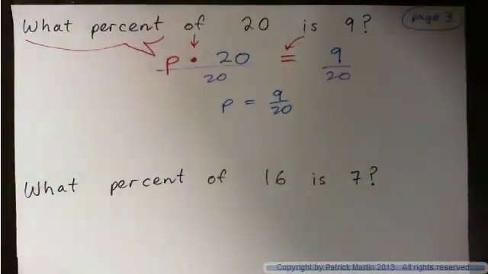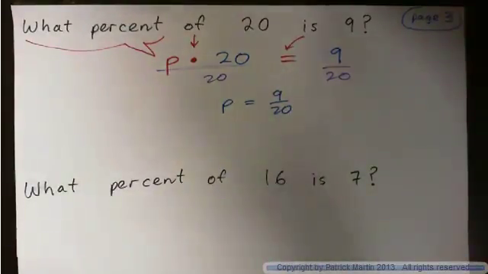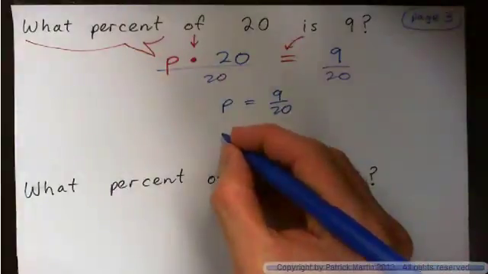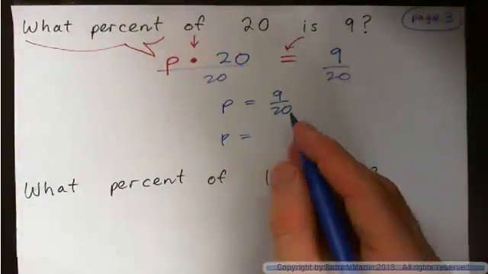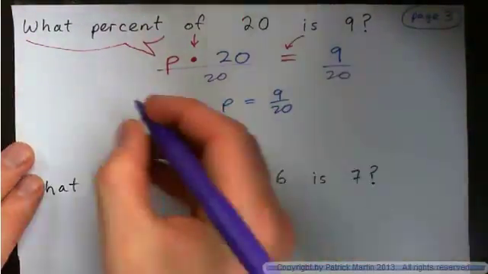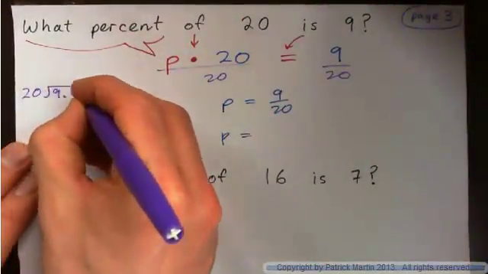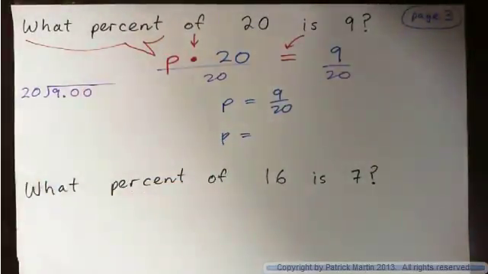What we want is the answer in percent form. Okay? So we've got to turn this fraction into a percentage. Okay? So go ahead and do that. Well, let's see. It's 9 over 20, so you got to go 20 into 9, and let's stick a bunch of zeros there, right? See what you come up with.